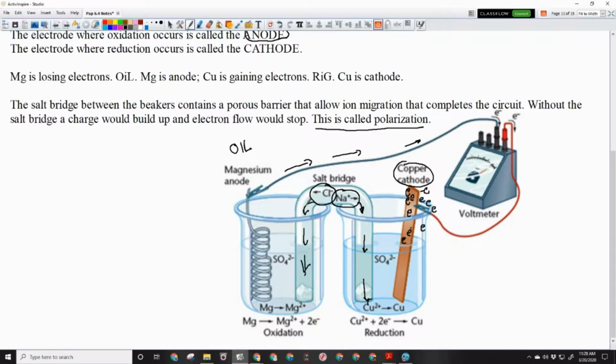You're going to have a neutralization because this side is building up a positive charge. So the chloride negative is going to neutralize the positive charge here. It's going to keep this battery flowing. So this is the oxidation, it's losing electrons. This is the reduction, it's gaining electrons.